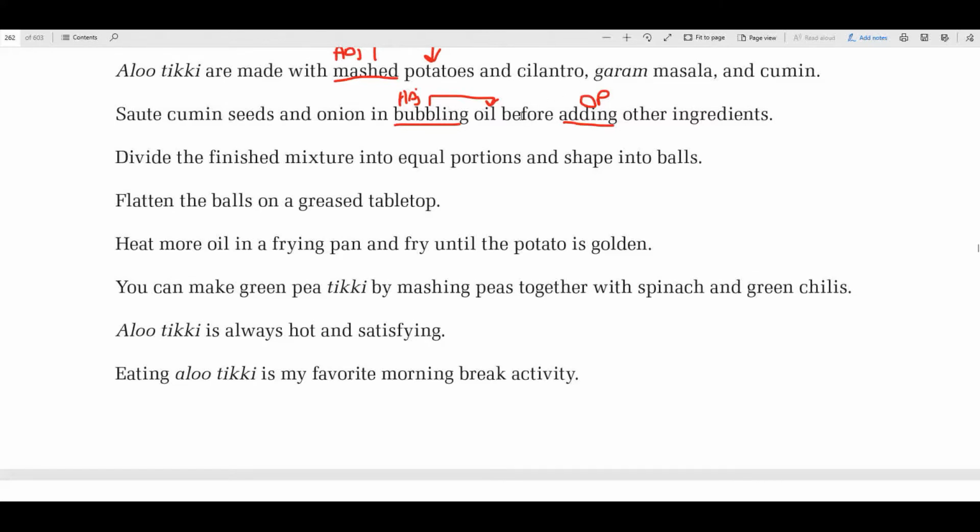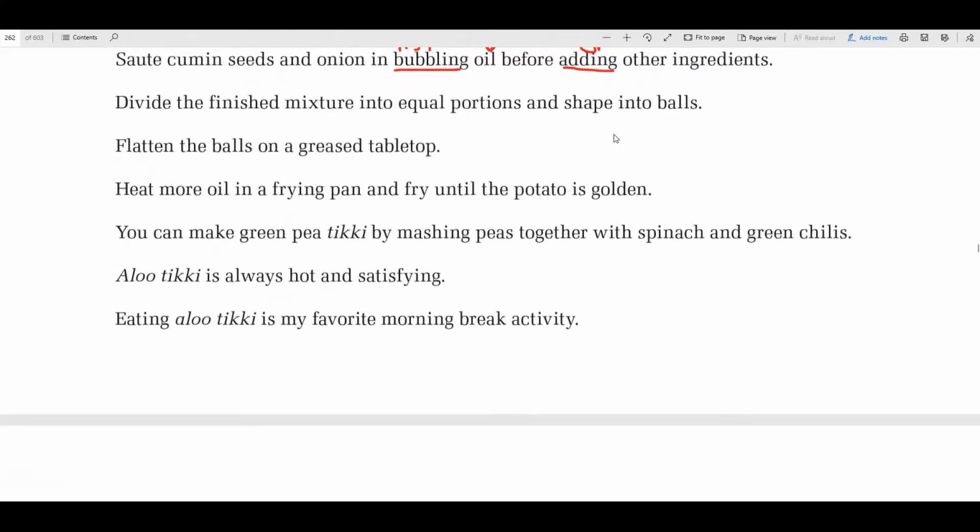So I'm not sure if before adding other ingredients, if the whole thing, because I would say this whole thing is a prepositional phrase, which actually would make this the object of the preposition. But for whatever reason, I'm following along in my teacher book, and this is telling me that this is the object of the preposition. So, there we go. Let's go to the next one.